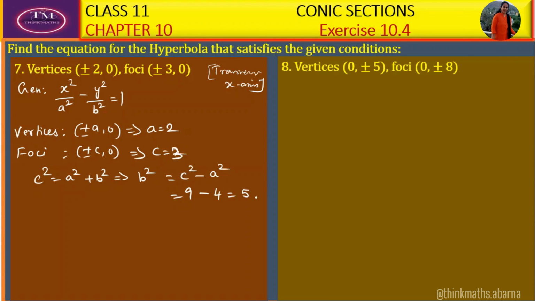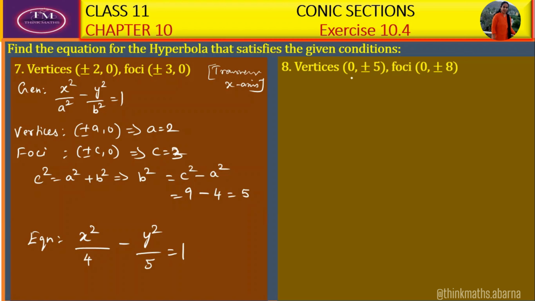So b square equal to 5. Substituting in the general equation, the equation will be x square by a square, what is a square? 4, minus y square by b square, which is 5, equal to 1. So this is the required equation. Clear? Very easy.